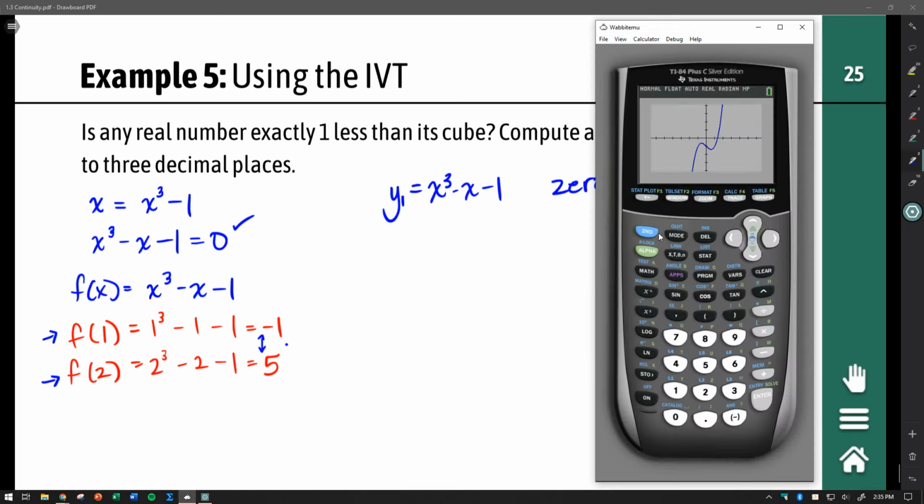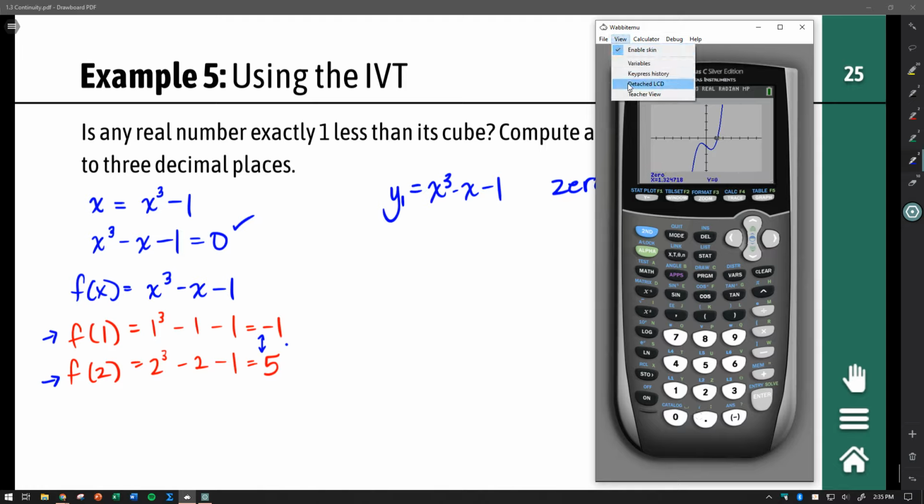And we can ask our calculator to find that value exactly by hitting second F4, which is the calc menu. And we want option 2 for the zero. The left bound, let's make 1. The right bound, let's make 2. And then we're asked for a guess. How about we guess 1.5, right in the middle. And there we have it.